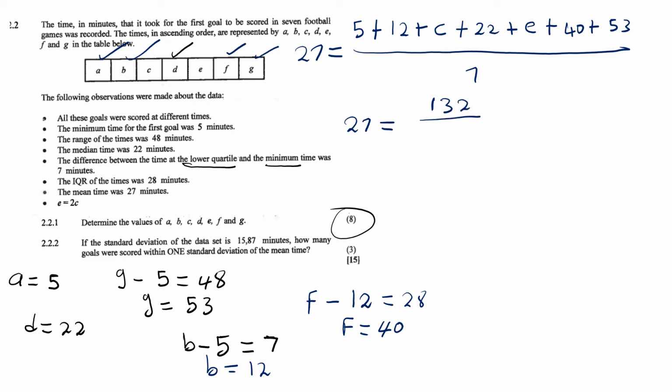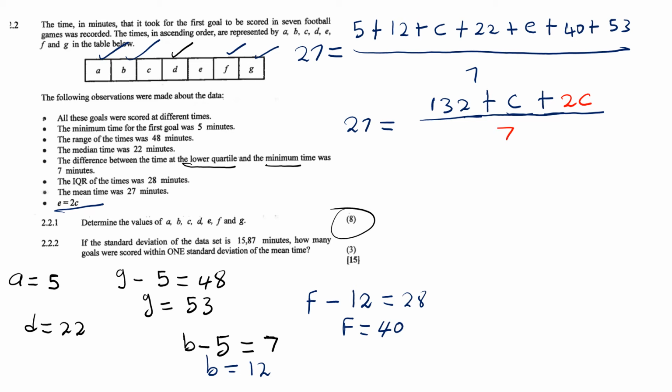132 plus C, and then don't forget our E here, it is given as 2C, so I will write plus 2C, divided by 7.